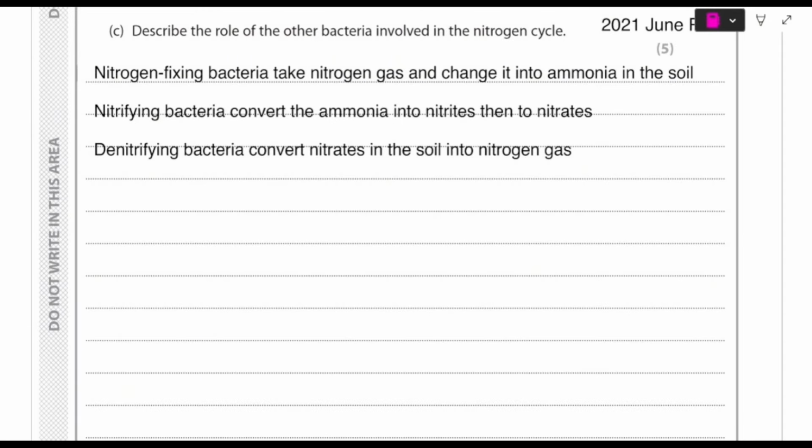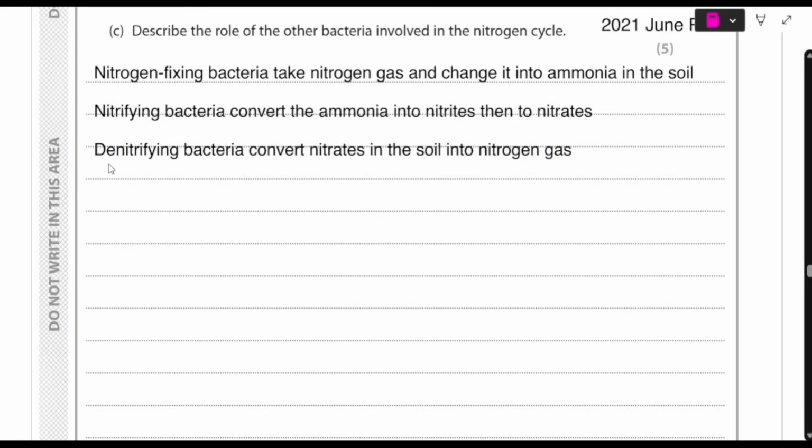So we also have to know what each of them does, such as nitrogen fixing bacteria takes nitrogen gas and changes it into ammonia in the soil. So they convert nitrogen gas into ammonia. Nitrifying bacteria converts ammonia that is present in soil into nitrite with an I, and then converts it further into nitrates with an A. So make sure to get the order correct, otherwise you will lose the marks.